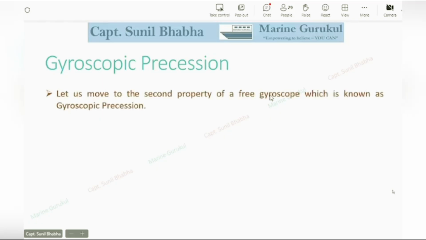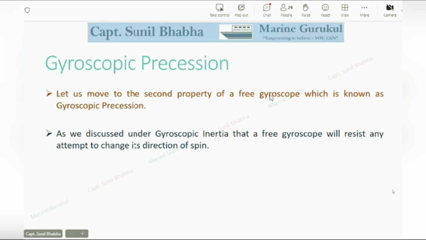Let's move to the second property now of the free gyroscope, which is known as gyroscopic precession. As we just discussed under the gyroscopic inertia property, a free gyroscope is going to resist any attempt to change its direction of spin.